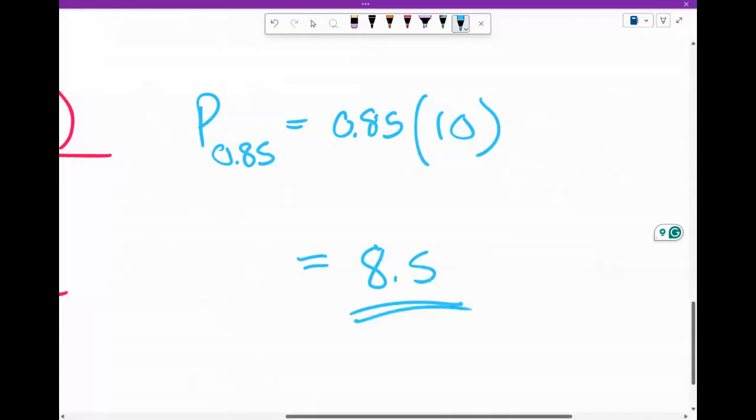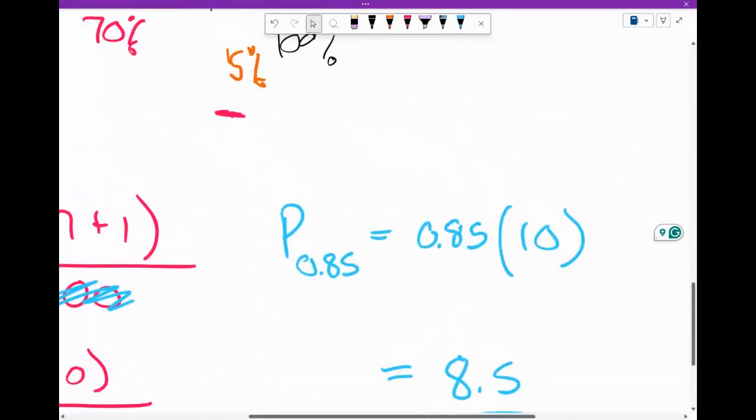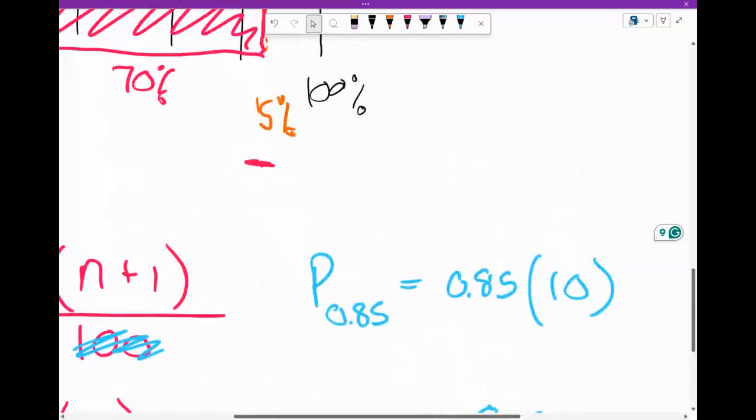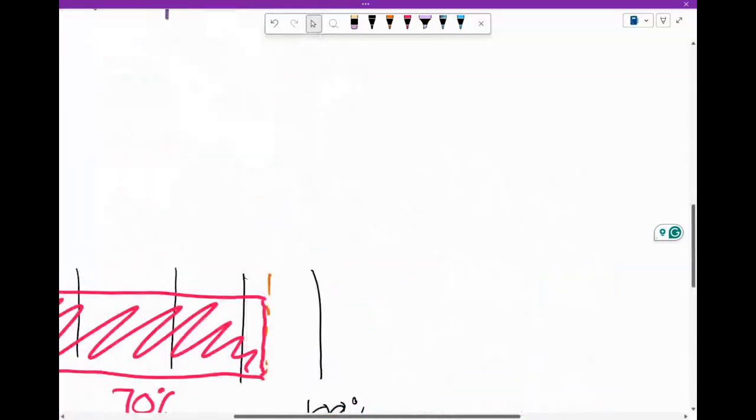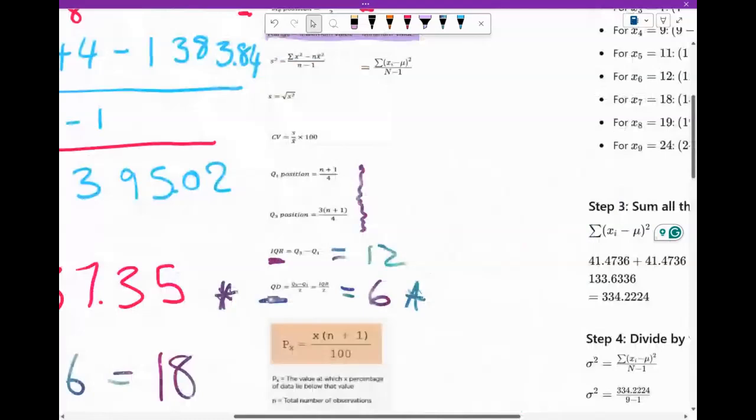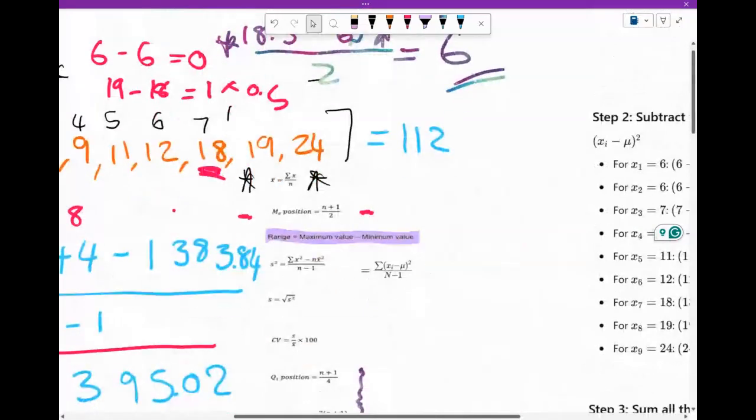For me, I think that's easier, but you can do what we did initially, and you'll get to the same answer. So we got 8.5. We know we have 9 variables, so that means 8 is over here. And then we need to get that half. The next number is 24.